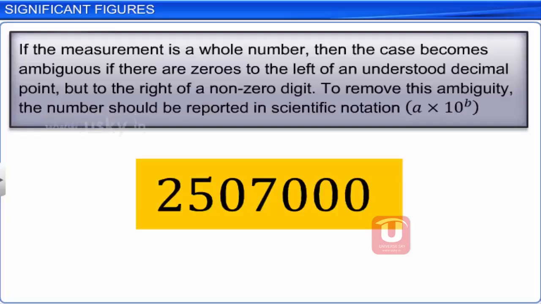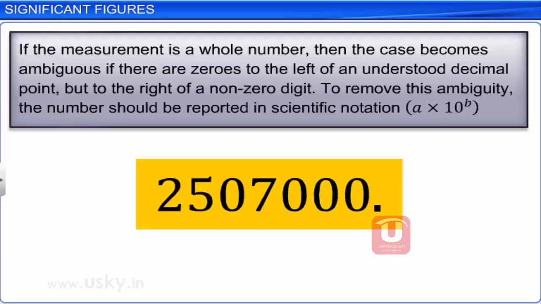According to rule number 1, there are 7 significant digits in this number. However, in this number, there is an understood decimal point, which is usually not written. The rightmost non-zero digit in the number is 7.